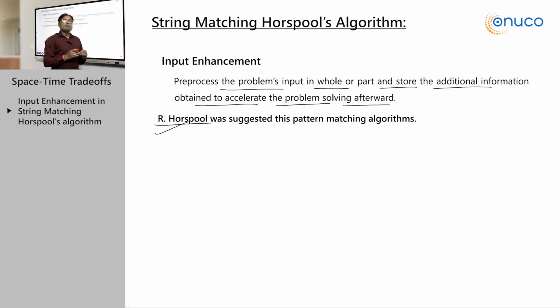In normal linear pattern matching, we shift character by character towards the right. But Horspool's algorithm performs the task based on a shift table. It means before we start our pattern matching, we create a shift table based on the given pattern and the number of characters present in the pattern.